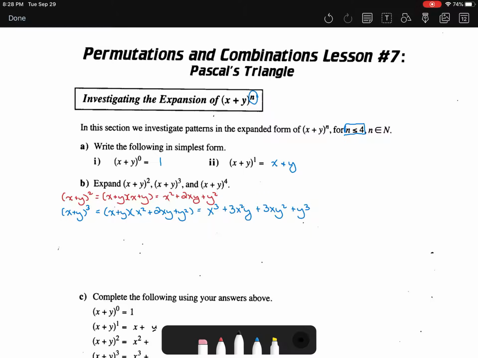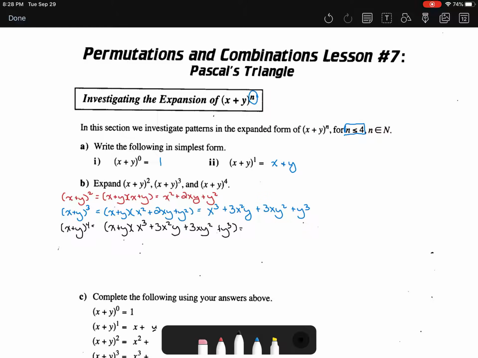And then when I move to the expansion now of x plus y to the exponent of 4, what that's going to be is x plus y times x plus y cubed, which are 3 more x plus y's. And the product there, just from the previous step, is x cubed plus 3x squared y plus 3xy squared plus y cubed.